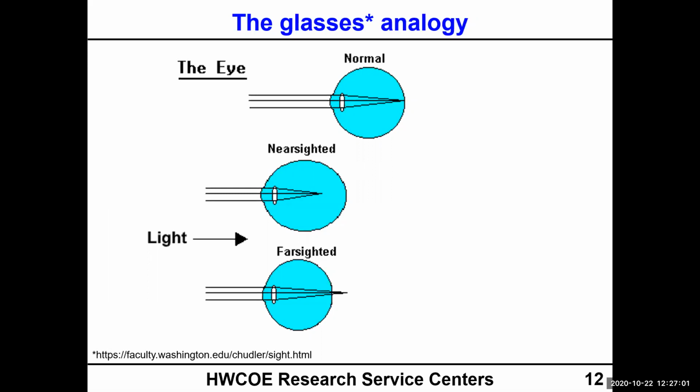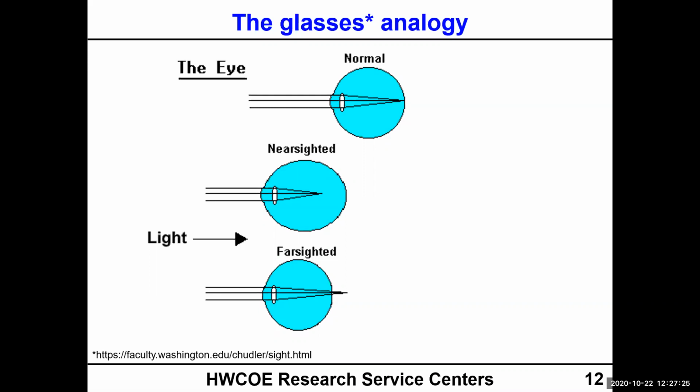In my case, I'm this middle eye here. I am nearsighted. My eyes are apparently a little too long, right? So what happens is when an image comes in, it doesn't get focused on my optic nerve properly, so I end up with a blurry image when I'm trying to look at distances. Okay, if you're farsighted, your eye is not long enough.